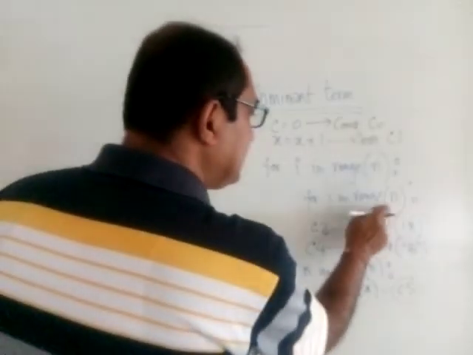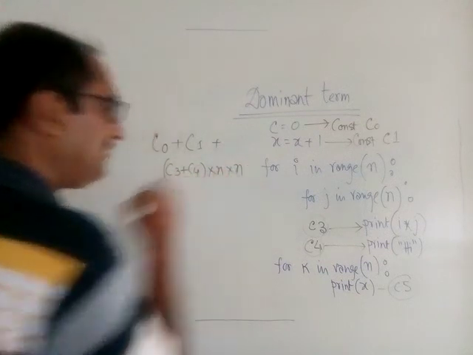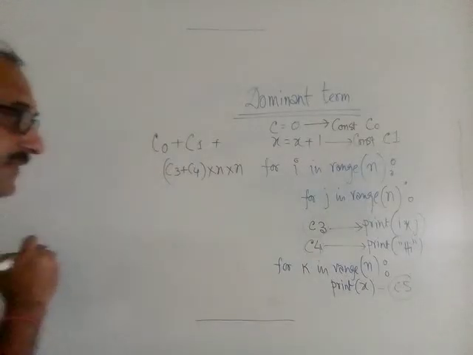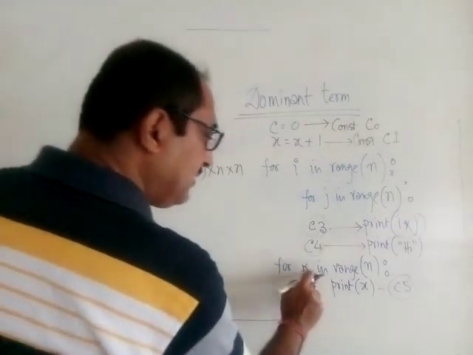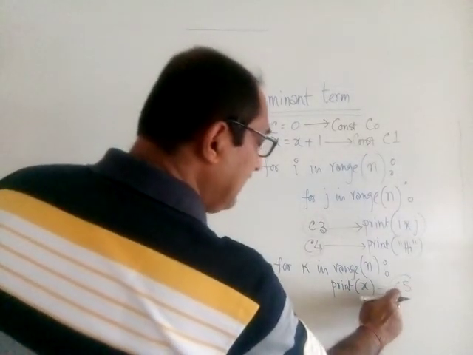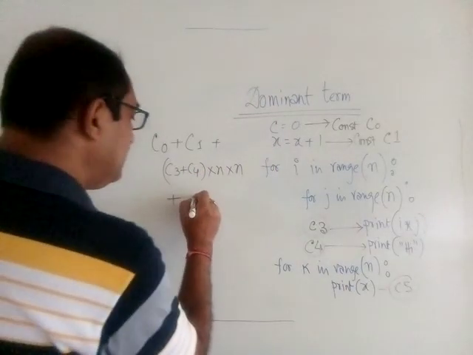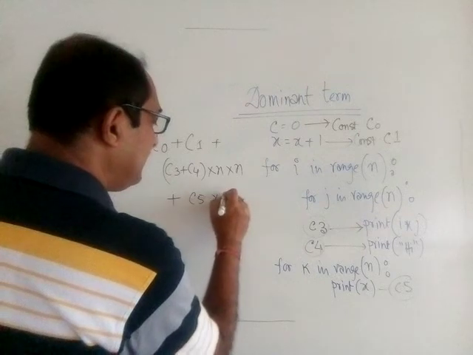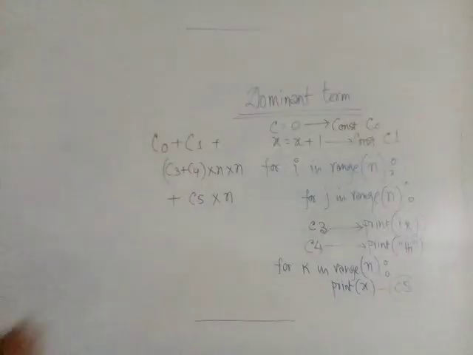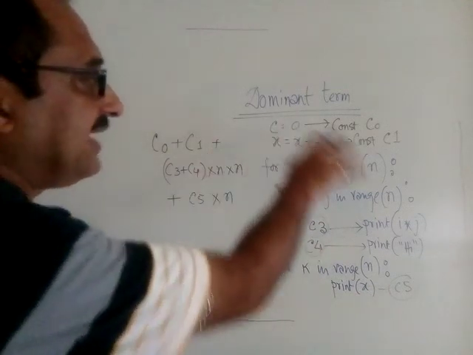And since it is a nested loop, we can write this multiplied by n, that much of time. And for this one, what will happen? This is also a simple for loop. Every occurrence of the loop takes C5 amount of time. So we can say C5 multiplied by n. So this is the total computation time of this algorithm.